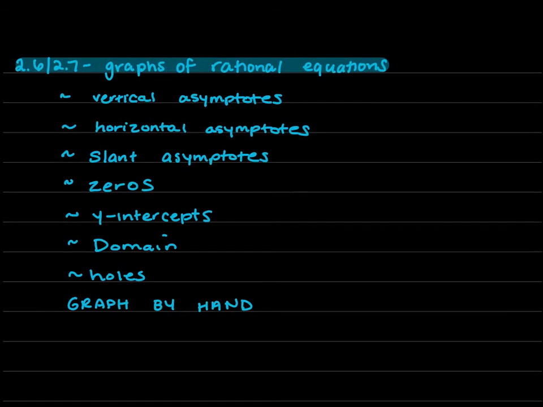So my vertical asymptotes, we're going to set our denominator equal to 0. Sometimes we factor, sometimes we don't. Making sure it's an x equals. Our horizontal asymptotes have 3 cases. If the n is less than the m, then it is y equals 0.